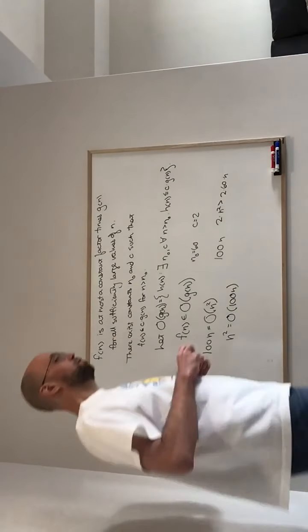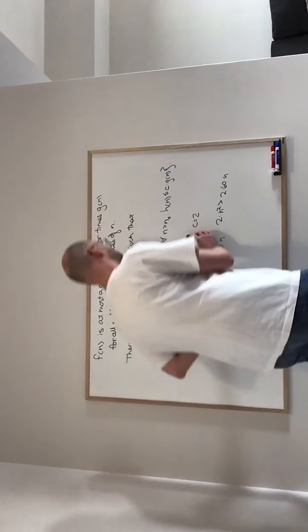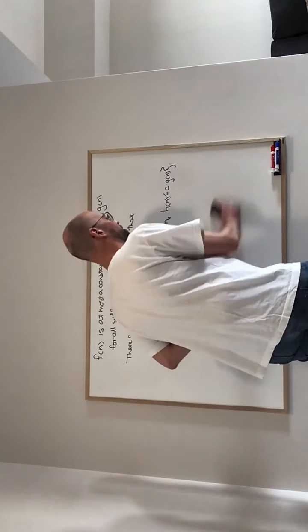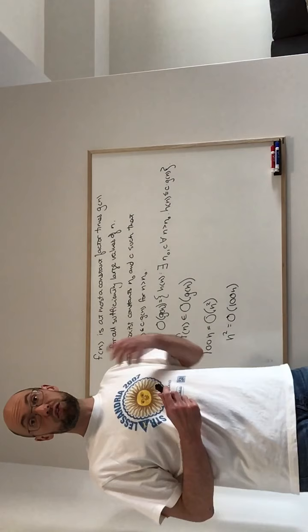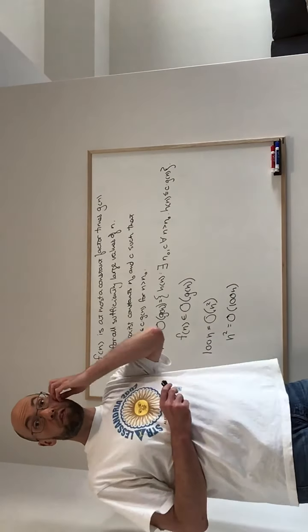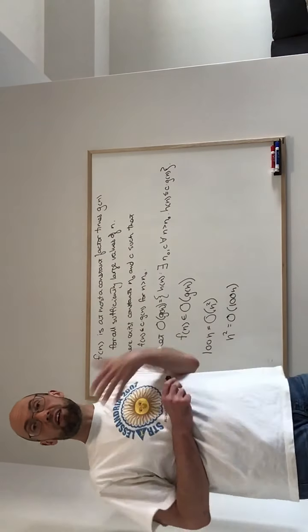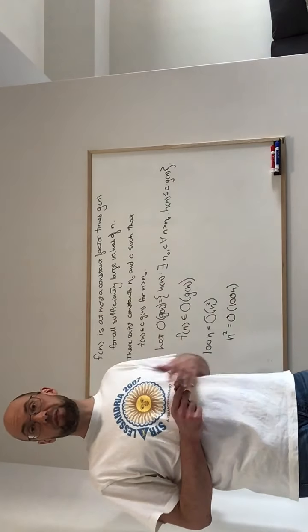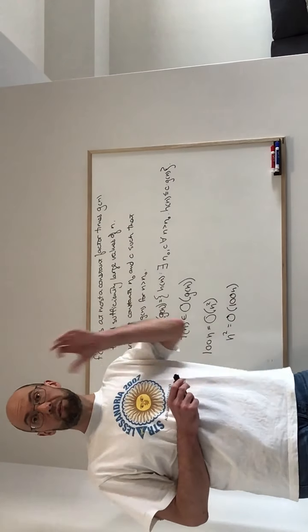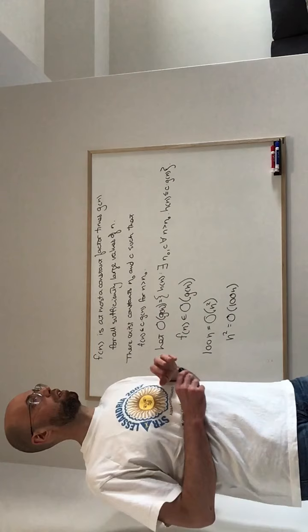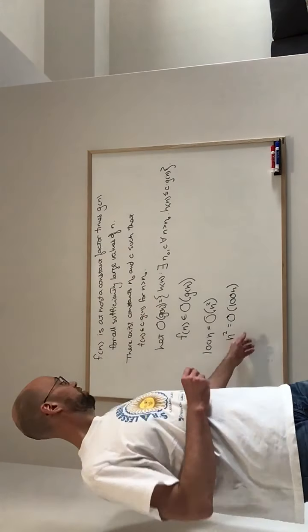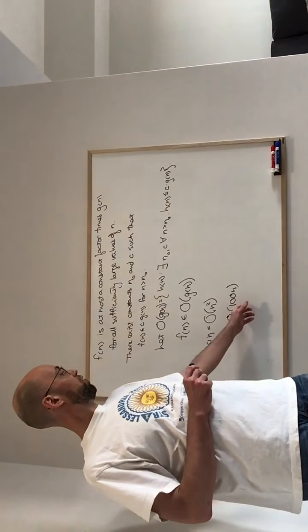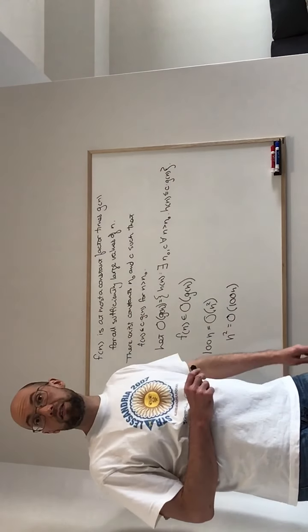Why not? Because for any constant c you might choose, for sufficiently large n, n squared is going to be larger than c times 100n.